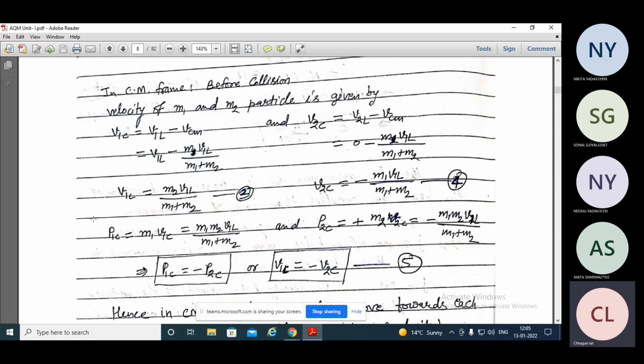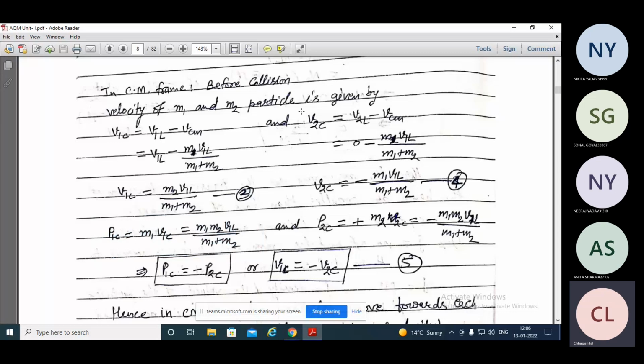Now we can find the momentum of the first particle in the center of mass frame. It is represented by p1C equal to m1 v1C. Here we calculated v1C, so multiplying by this term we get the momentum of the first particle, m1 m2 v1L over m1 plus m2. This is the one term.